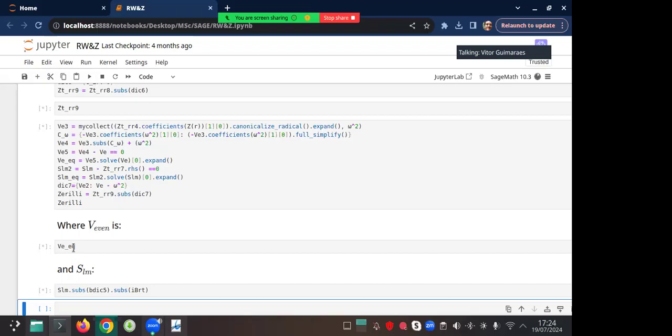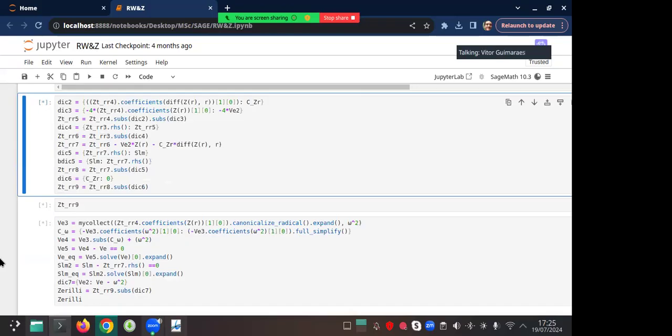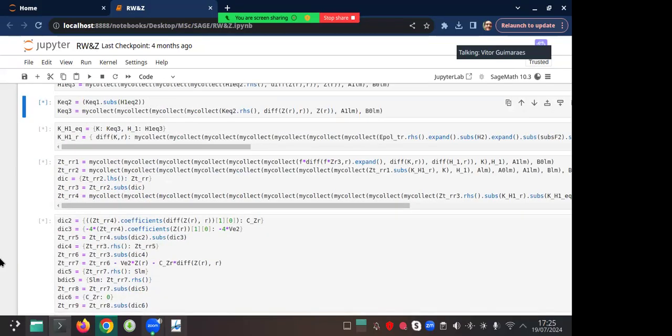My computer is very old, so let's have some patience. Let's see as it calculates.